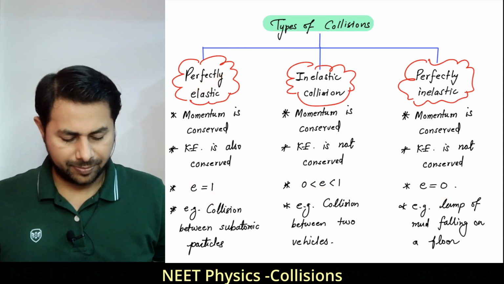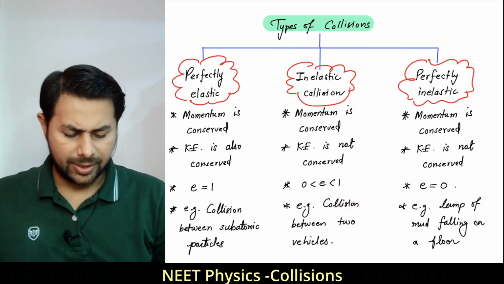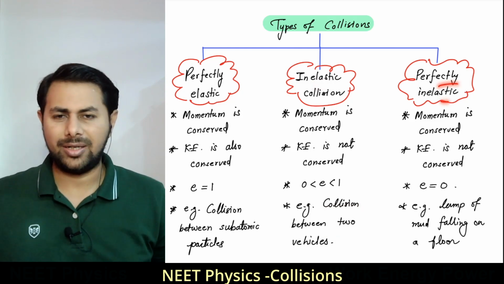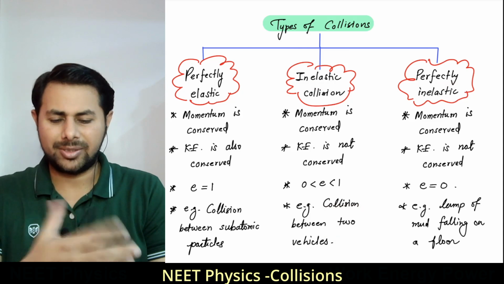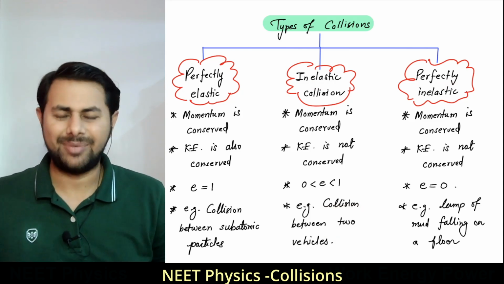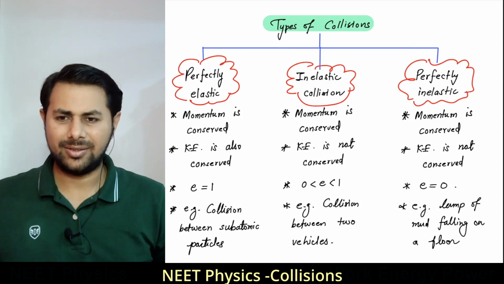For example, a collision between two vehicles is inelastic, but it may not be perfectly inelastic because most of the time the vehicles don't stick together. They move in different directions. Is this clear, everyone?